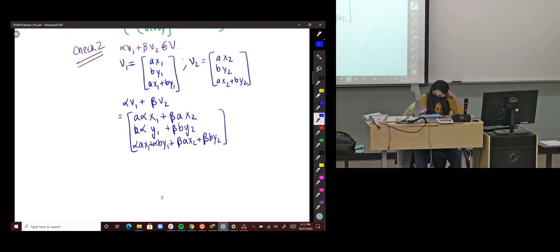Does this look like an element of V? Well, it'll be easier to see if we factor the a and b terms out.